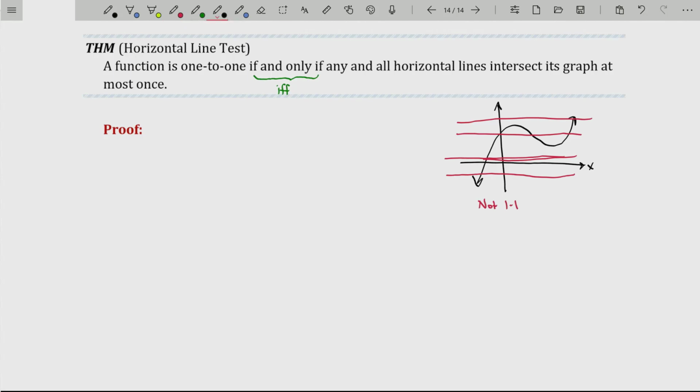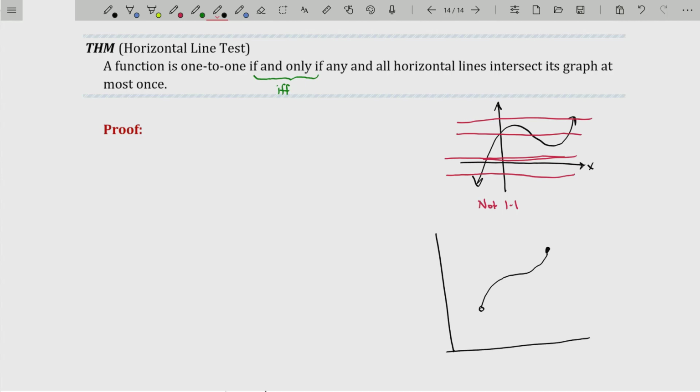One that throws people off, so let's give another example here. Let's suppose that I give you this. That's our function. Let's just say this is the x-axis and that's the y-axis. Remember, the condition to be 1-to-1 is that every single horizontal line I can draw will hit the graph at most once.